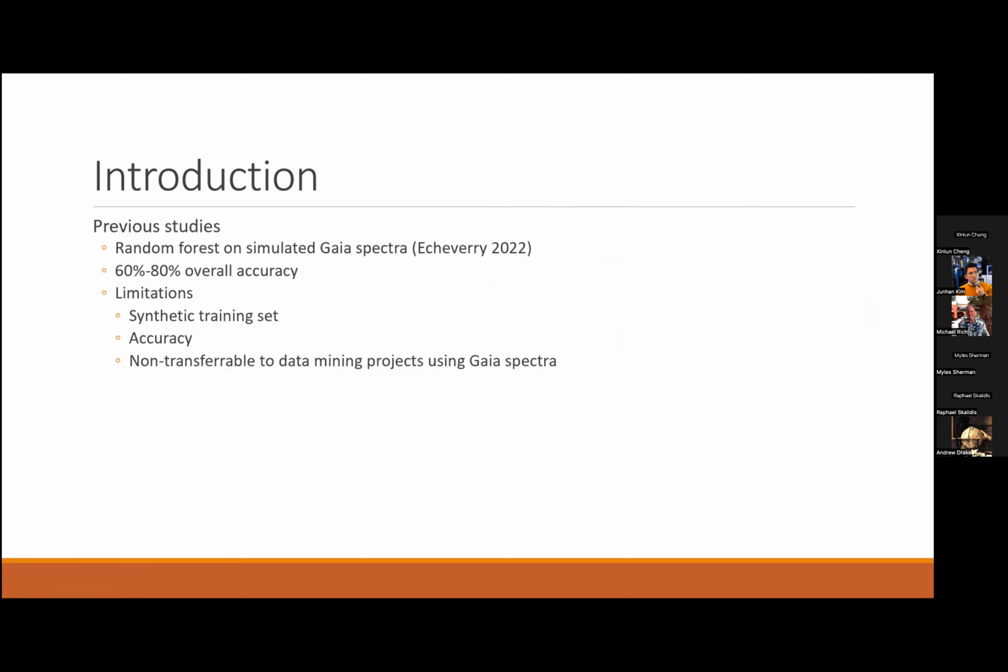Let's take a look at what previous studies have done. They have run some kind of random forest model on simulated Gaia spectra, and it's capable of achieving 60 to 80% overall accuracy. And there are 3 major limitations within their study. The first one is the synthetic training set. Well, it is not guaranteed that your synthetic training set would look basically indistinguishable from observed ones.